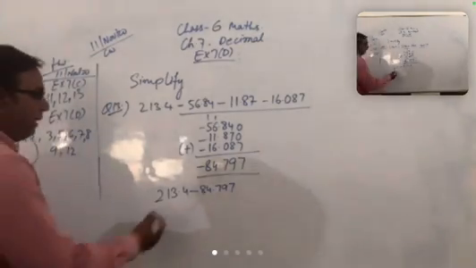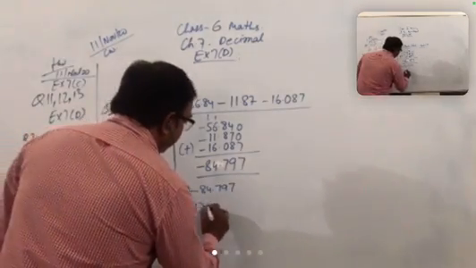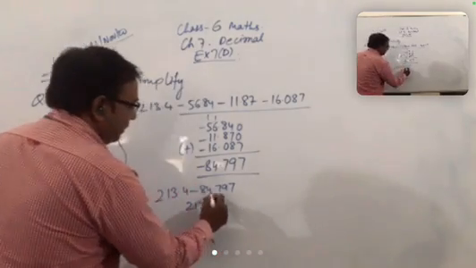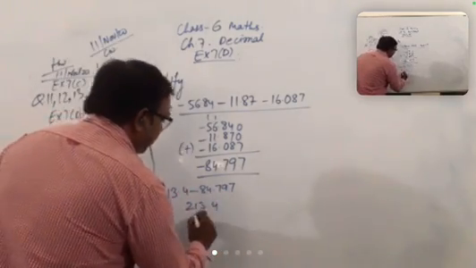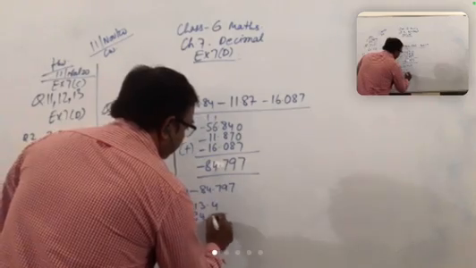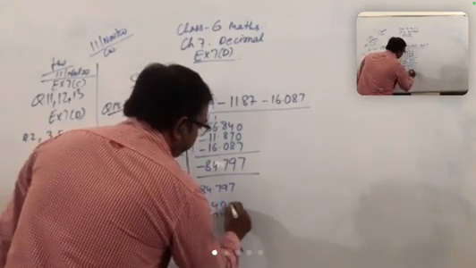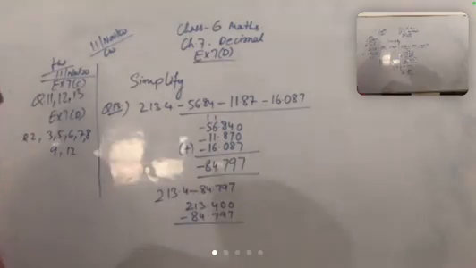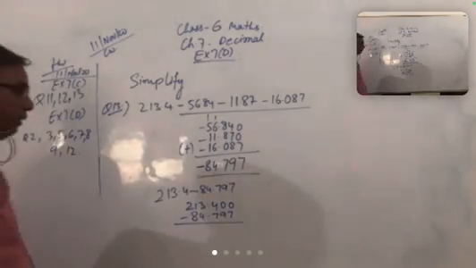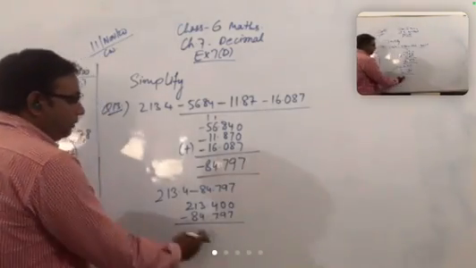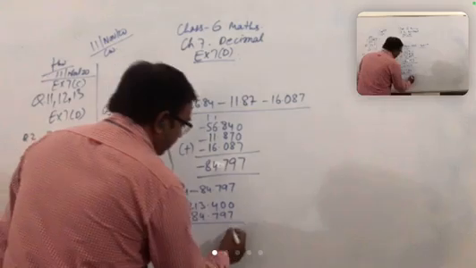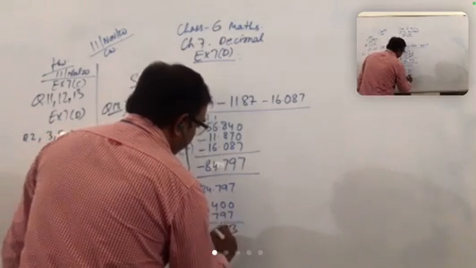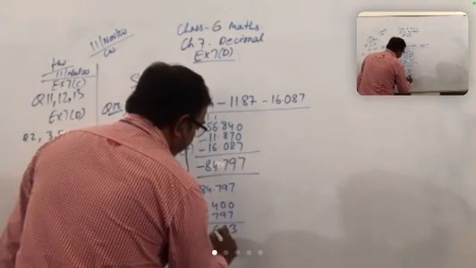Clear? Now subtract this number 213.4, then have to check the decimal place. 84 minus 797 and we put 0 at the missing numbers. 0 in place of the missing numbers. Now subtract it. This is 10, 3, 9, 0. This is 13 minus 7 is 6.